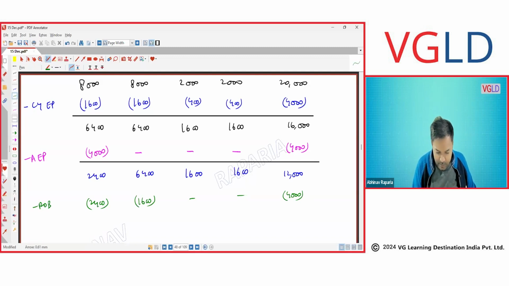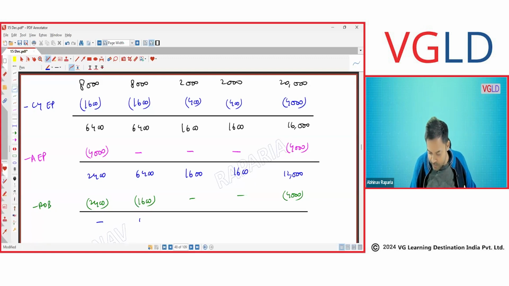Lastly, it is nil 4800, 1600, 1600. That's how the breakup is. Clear, everyone?